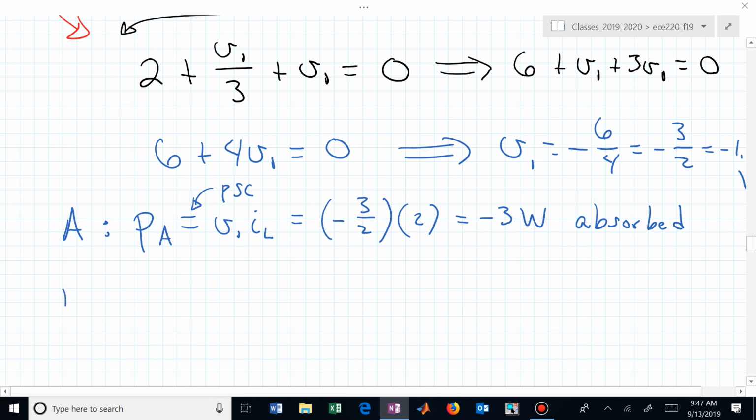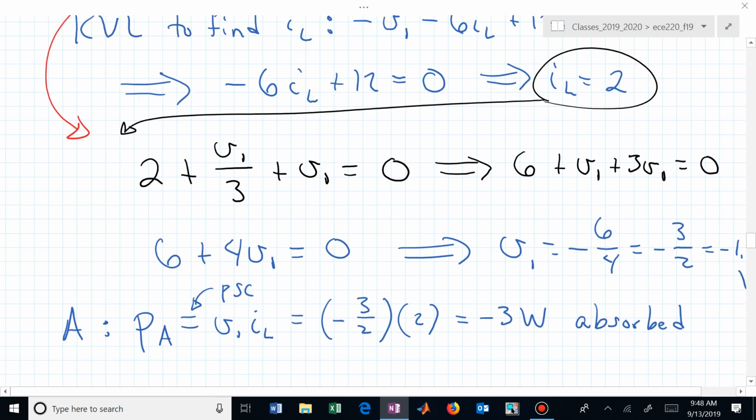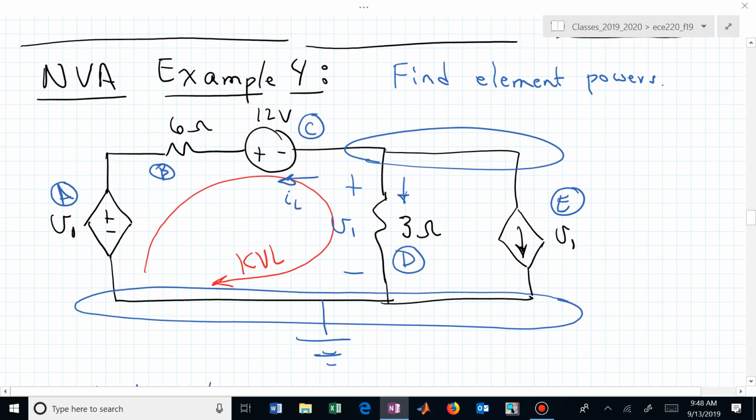What about B? B is the 6 ohm resistor. What do we know about that? What's its power?